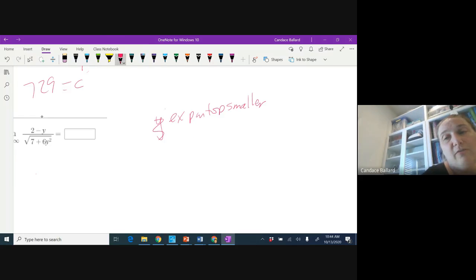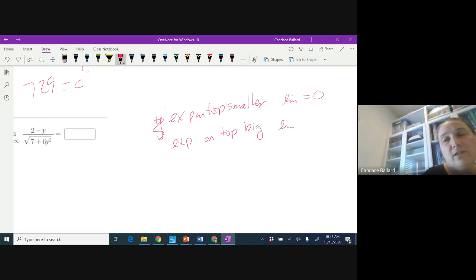That means it's growing faster on the bottom than the top. That means your limit equals 0. Okay? If your exponent on top is bigger, that means it's growing without bounds, right? It's going to be infinity because your top is growing bigger than your bottom.